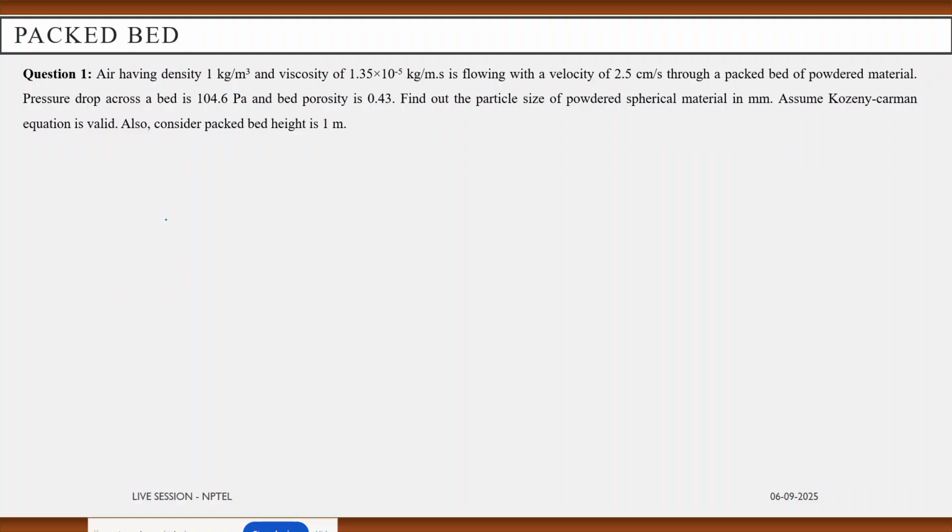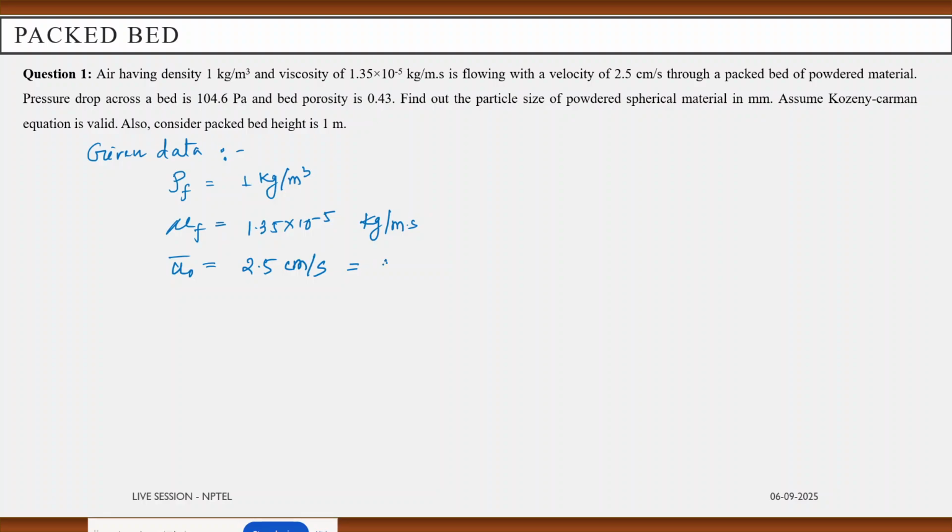So to solve this, the given data here: density of the fluid is 1 kg per meter cube, viscosity of the fluid is 1.35 times 10 to the power minus 5, making it in SI unit.